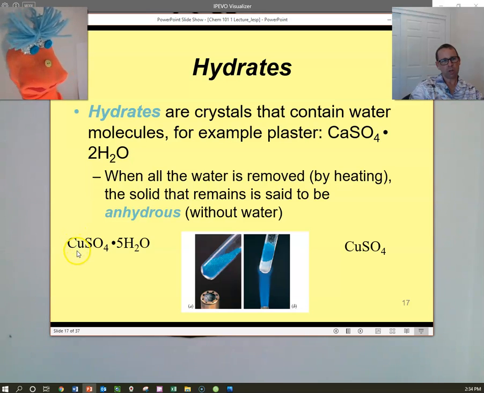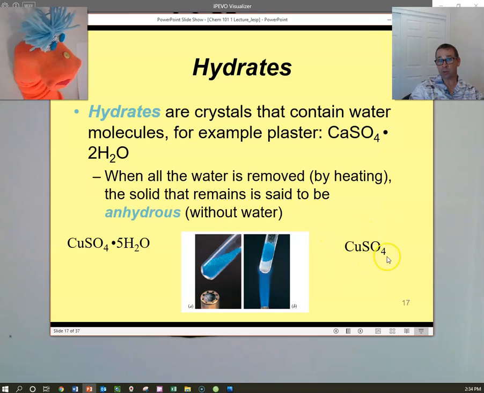And hydrates, you can heat them, and then you can end up with the dehydrated or anhydrous form of the compound, which would just be copper sulfate by itself. So here's a question. How many units of oxygen then are in 1 unit of copper sulfate pentahydrate? 9. That's right, 9.